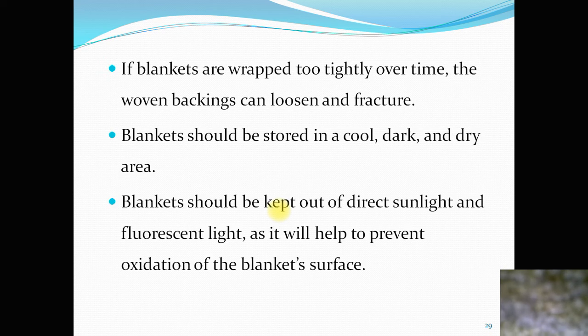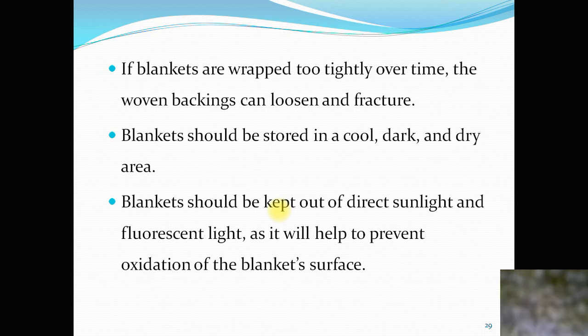Blankets should be kept out of direct sunlight and fluorescent light, as it will help to prevent oxidation of the blanket surface. Why do we have to put it in a cool, dark and dry area? Because the uppermost surface of the blanket is made up of synthetic rubber.